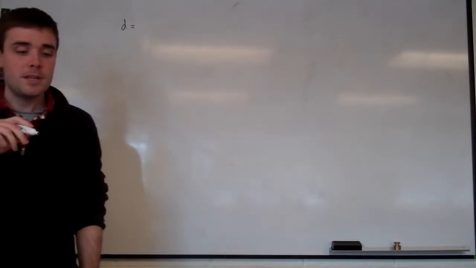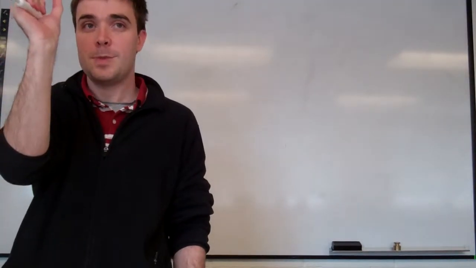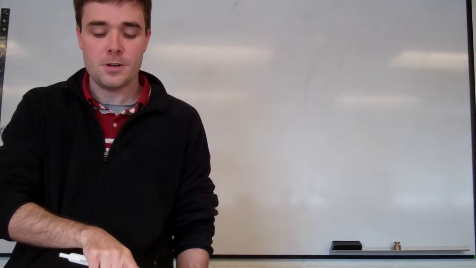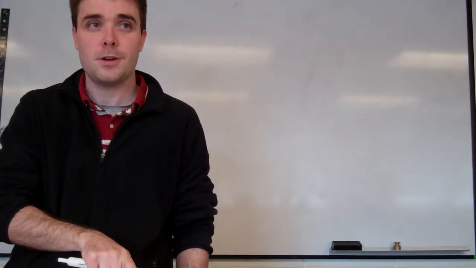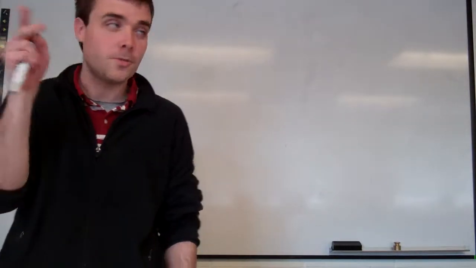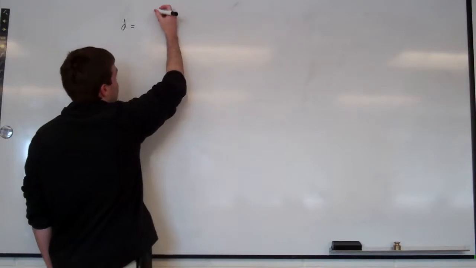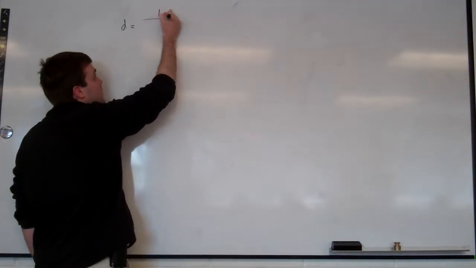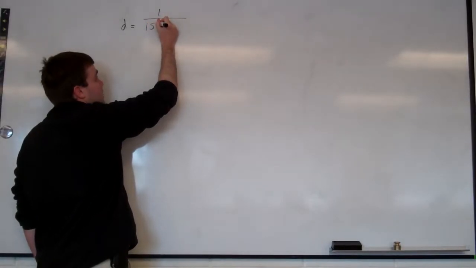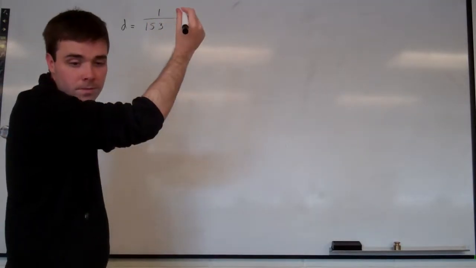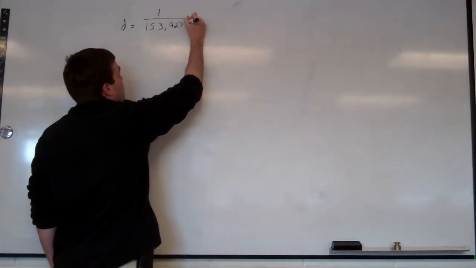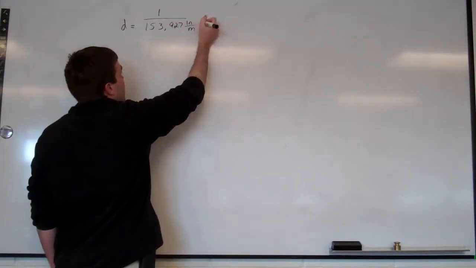The lines per meter is how many spaces per meter there are. If we have spaces per meter, how can we get to meters per space? 1 over. So to get the distance between two openings, it's 1 over 153,927.